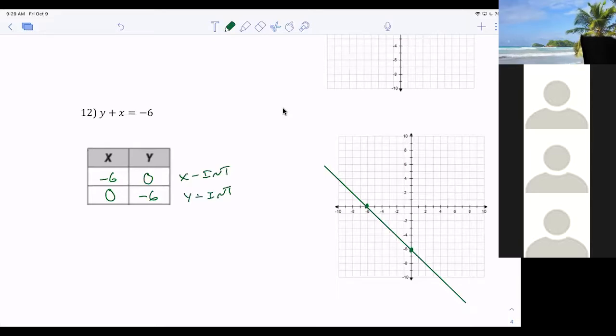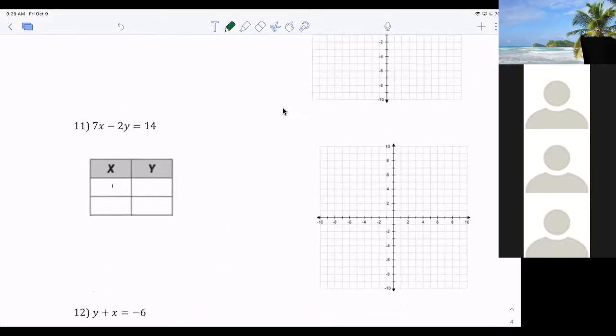I said if you write them in reverse order, what do I care? I don't care, right? I'm not saying you have to memorize that. So if I put 0 here and 0 here, if I plug 0 in for x, y is -7. If I plug 0 in for y, x is 2. So I'm showing you it makes no difference to me, right? I don't care. It's just you have to understand this is the y-intercept and this is the x-intercept.